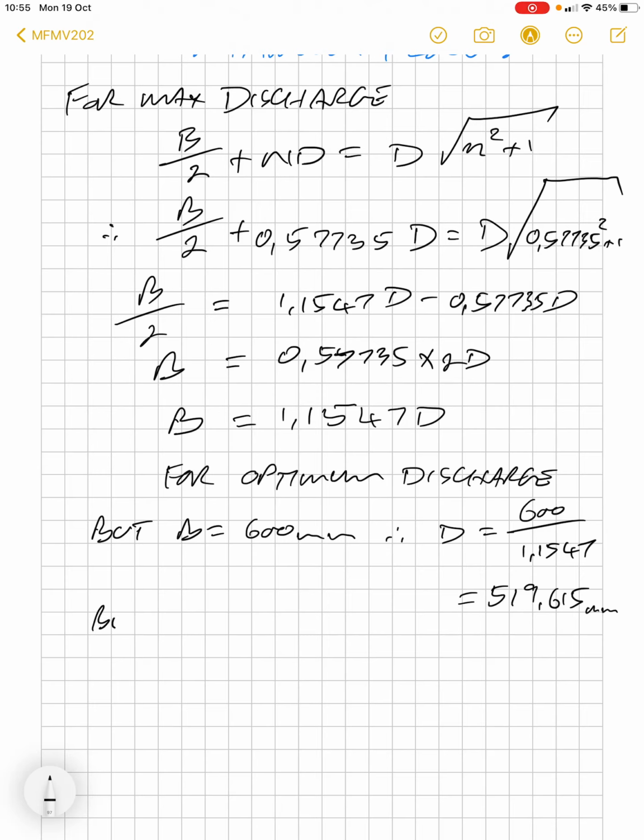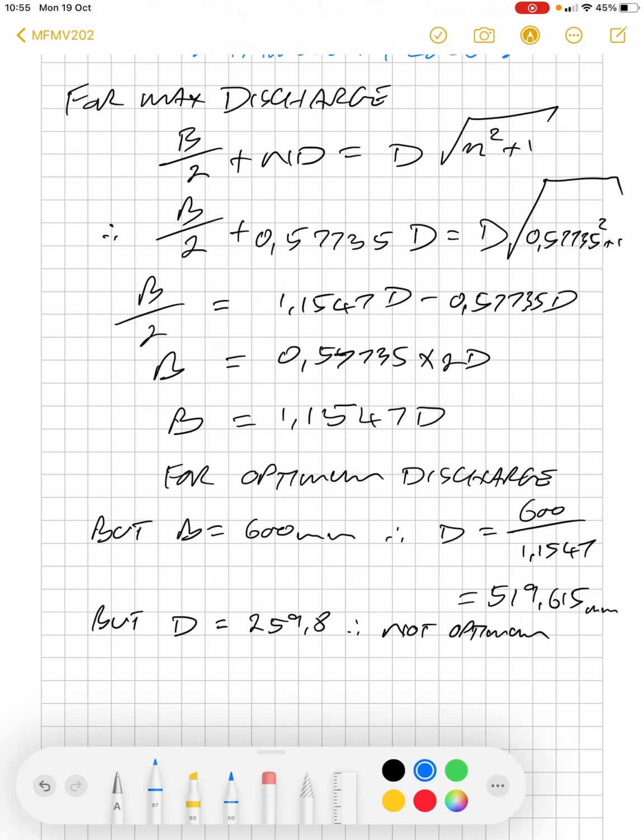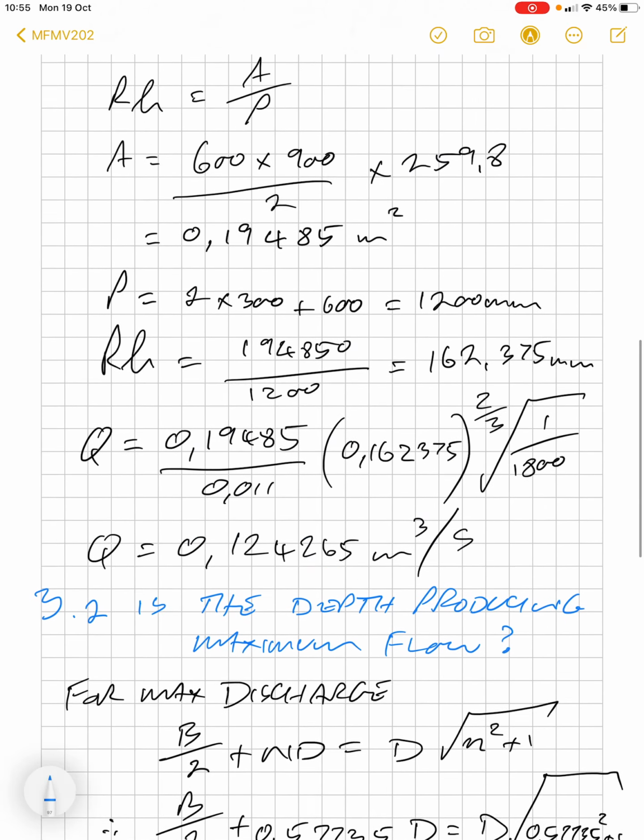And we know D is equal to 259.8. Therefore, not optimum. Alright, so we know that we're running less than optimum discharge.